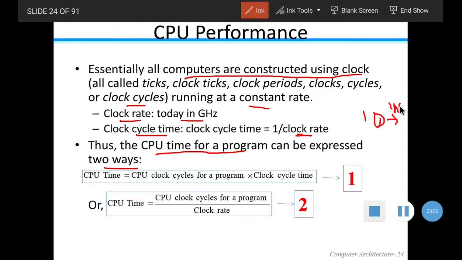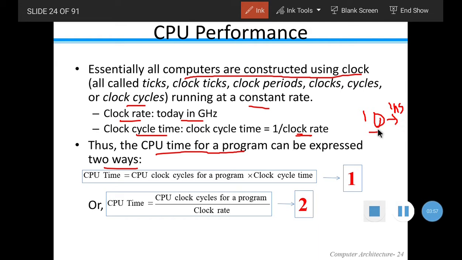If I want to find the CPU time for that program, which consists of 10 instructions with each taking 1 nanosecond, then CPU time is CPU clock cycles for a program times clock cycle time. We'll understand these formulas when we solve certain problems. Usually CPU time is measured in seconds.